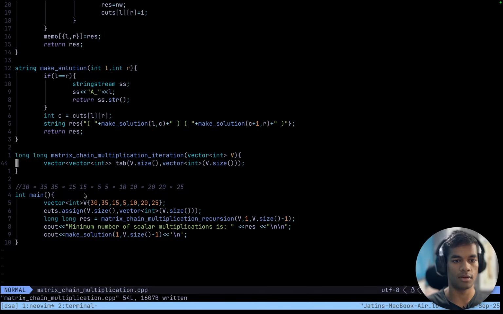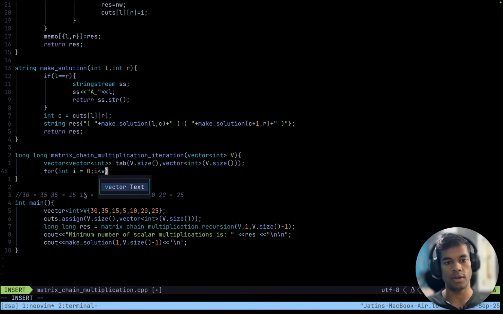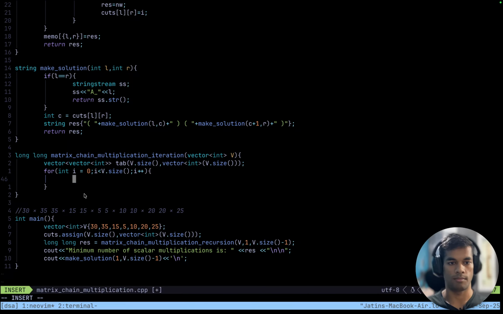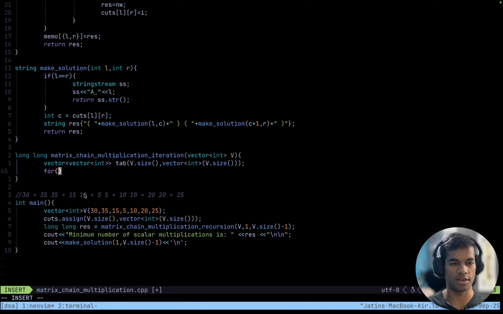But you also need to initialize some values. So for int i equals 0, i less than v.size, i plus plus, we will say tab i i equals 0. I mean, everything is 0.